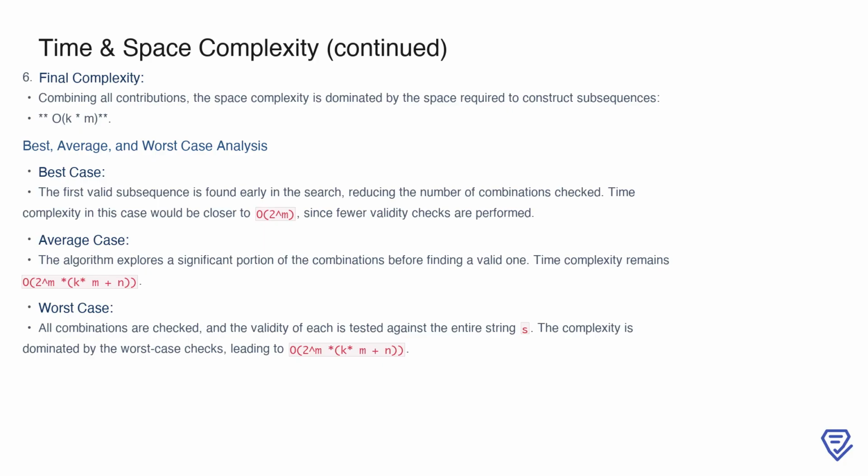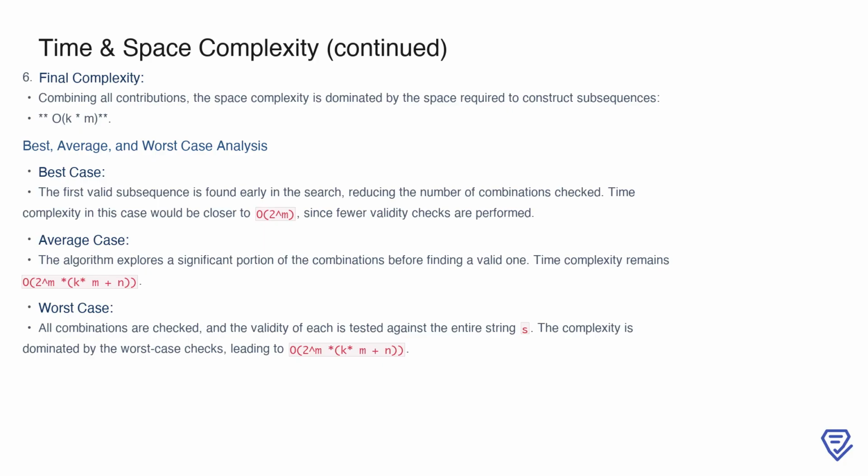In the average case, a significant portion of the combinations is explored before finding a valid subsequence, leading to the full complexity of 2^m * (k * m + n). In the worst case, every combination is checked, and each validity check involves processing the entire string s. This results in the same overall complexity, with the exponential term dominating due to the growth of 2^m.